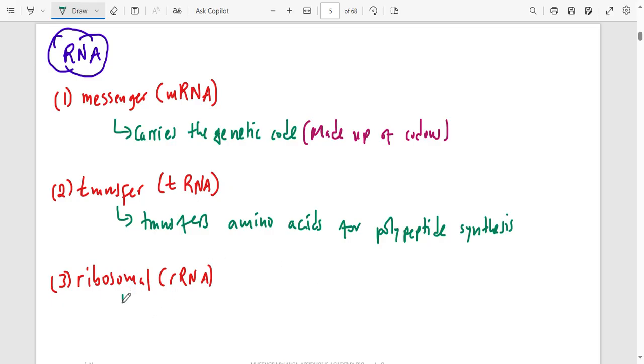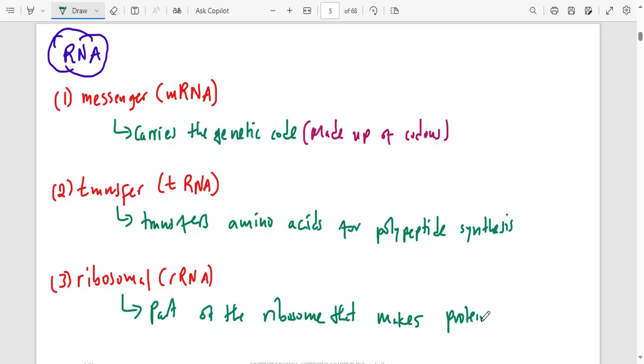And then the ribosomal RNA is part of the ribosome that makes proteins.